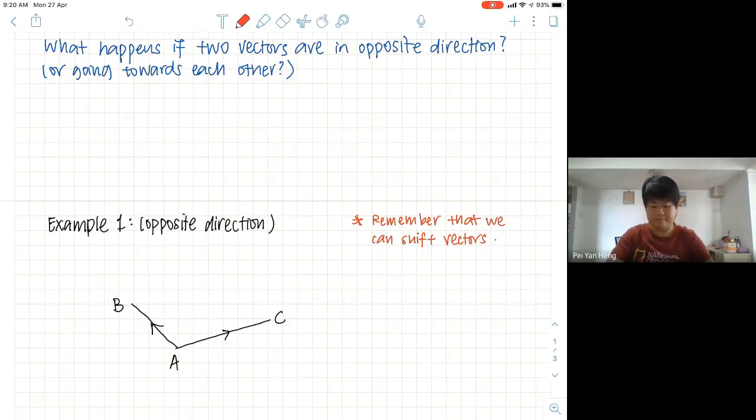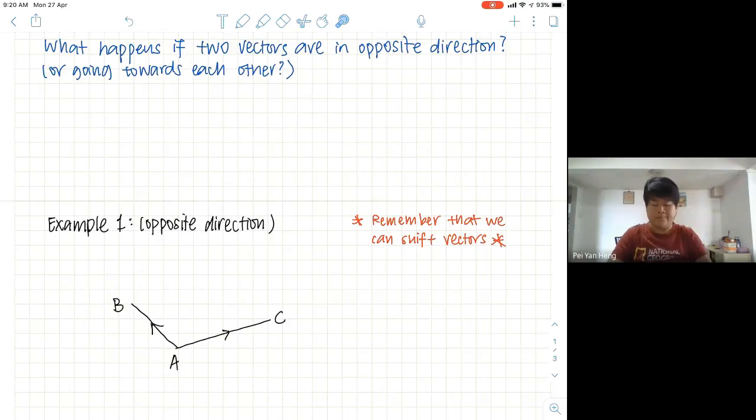So what we can do is you can either move this vector to this point here, or you can move this vector upwards to this point here.